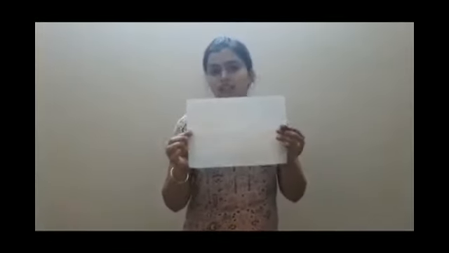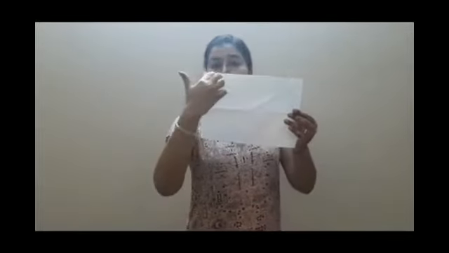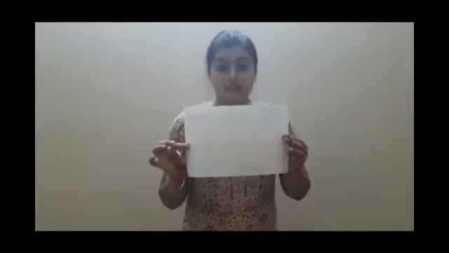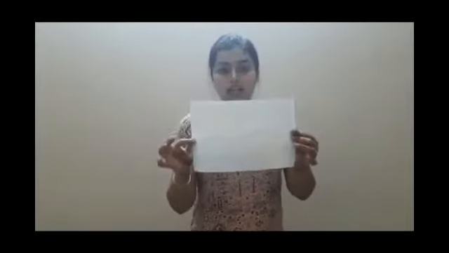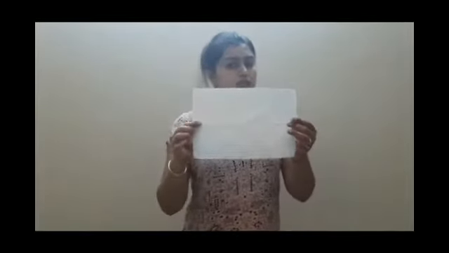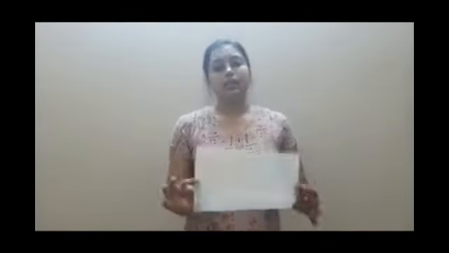How many sides are there? 4 sides. 1, 2, 3, 4. These are the sides. And in rectangle, the opposite sides are equal. And what is the meaning of opposite? Opposite means this is opposite to this. So this side is equal to this one and this side is equal to that one. So the opposite sides in rectangle are equal.